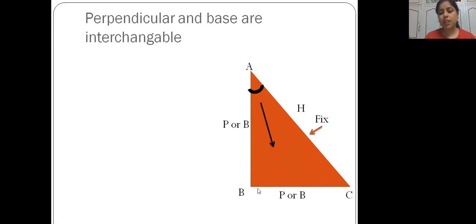So BC becomes our perpendicular, and as the hypotenuse AC always remains fixed, AB becomes our base. So for angle A, perpendicular is BC, base is AB, and hypotenuse is AC.